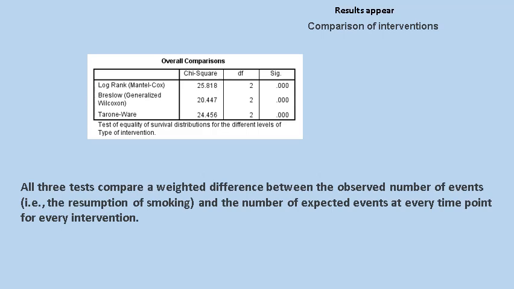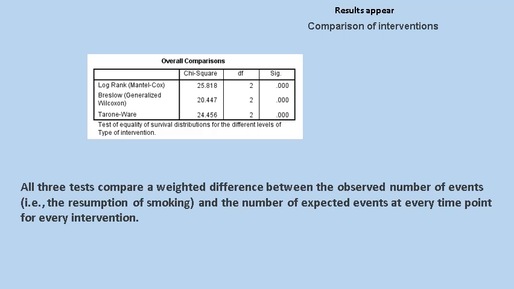All 3 tests compare a weighted difference between the observed number of events and the expected number of events. The observed number of events is how many people restarted smoking. The expected number of events is how many are expected to restart smoking at every time period for every intervention.